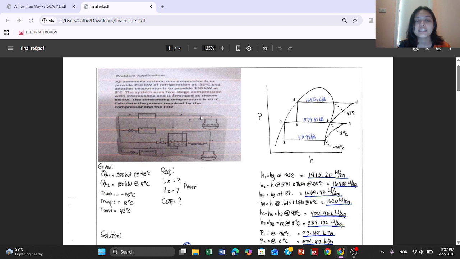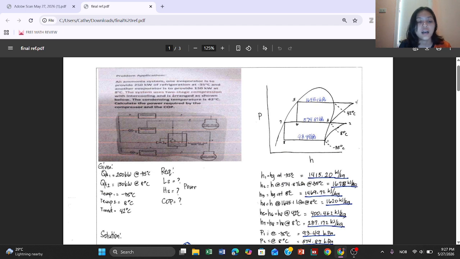So first, let's identify the given. We have the heat added at the first evaporator, which is 250 kilowatts at negative 35 degrees Celsius.